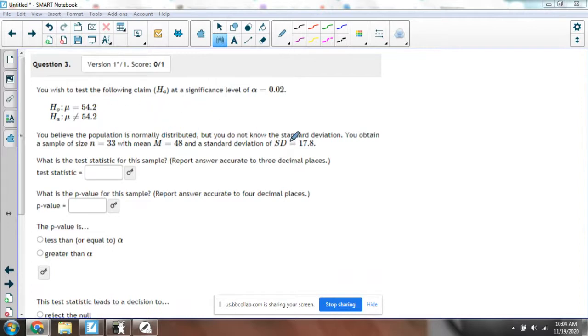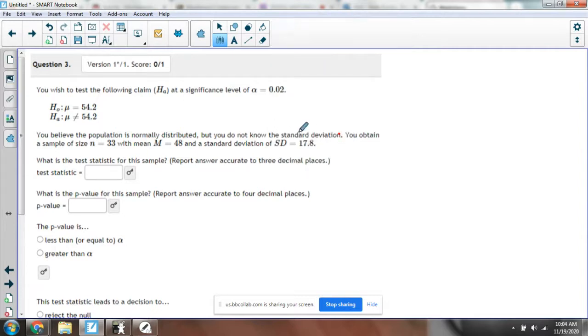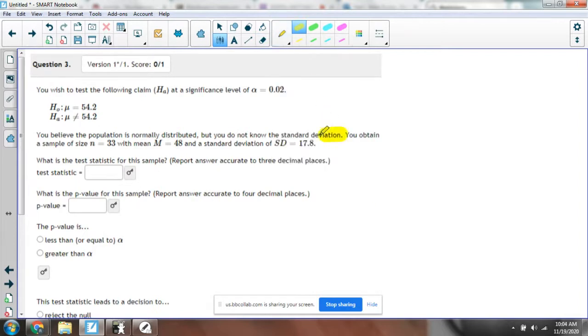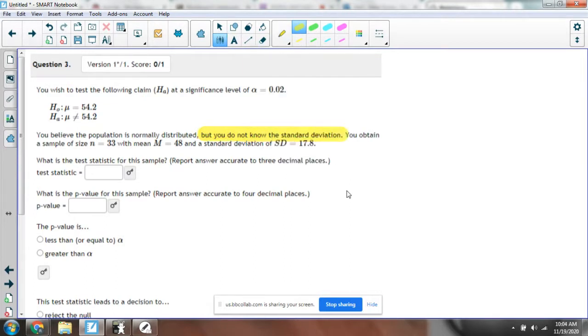So everything's the same, except I just want to point out that it says we do not know the population standard deviation. So that means this is going to be a t-test.